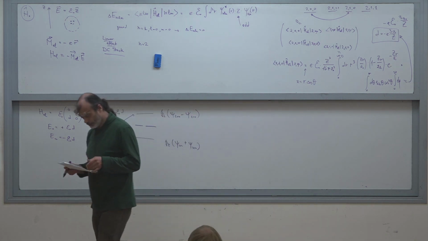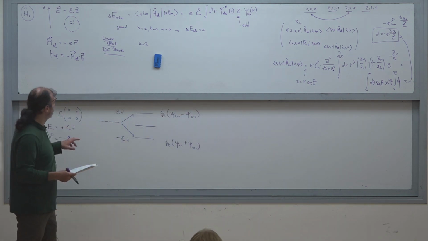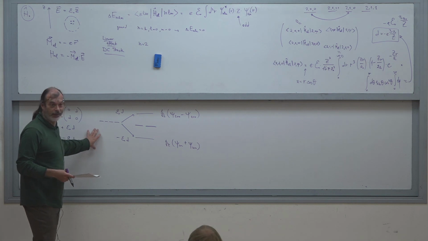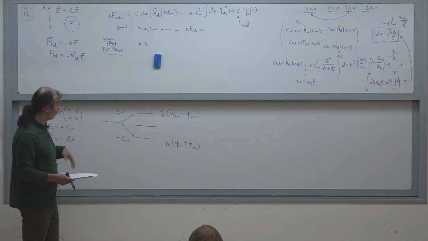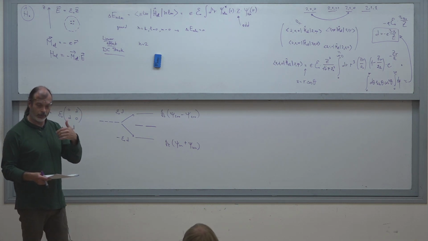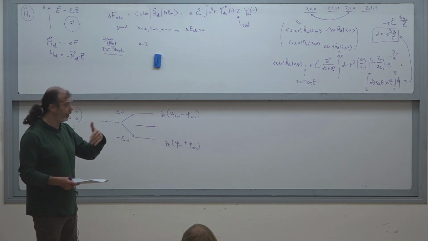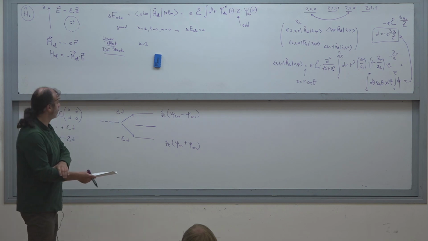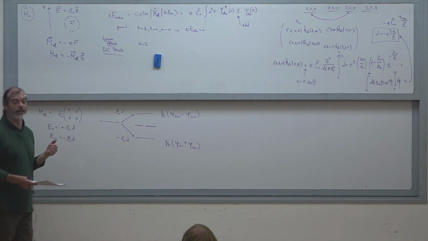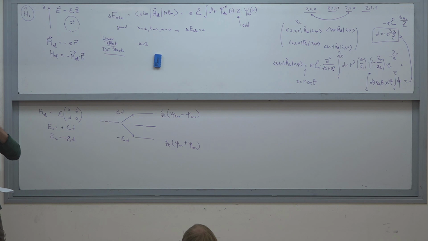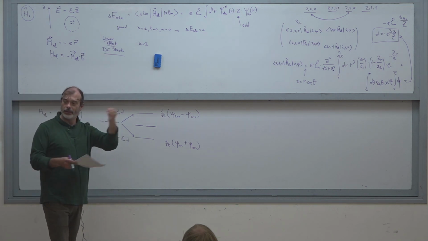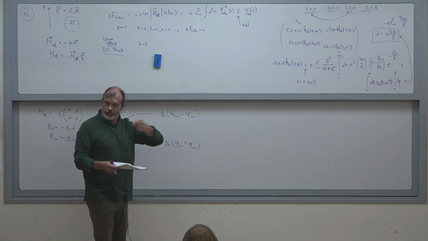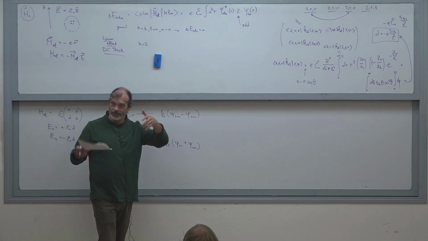So that's essentially the solution of how the linear DC Stark shift works, or how the electric field changes the energy levels of the first excited state. Of course, if you go to higher excited states, you can mix different energy levels and you will have more mixing.